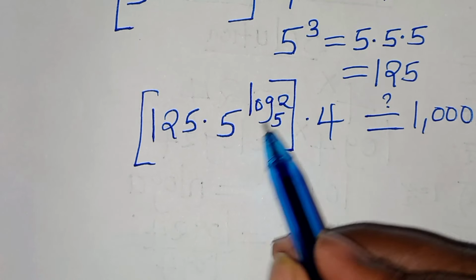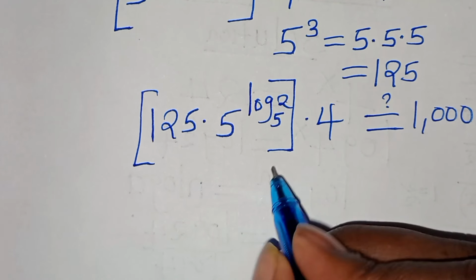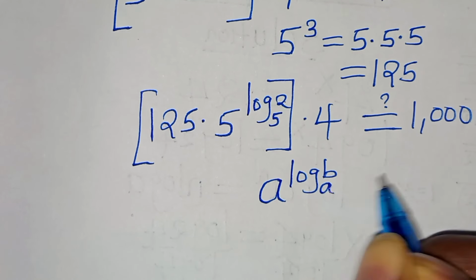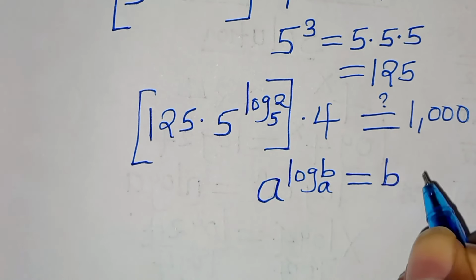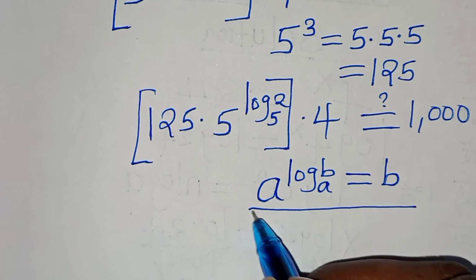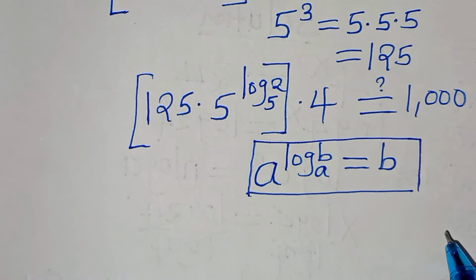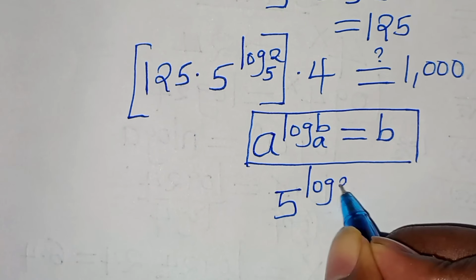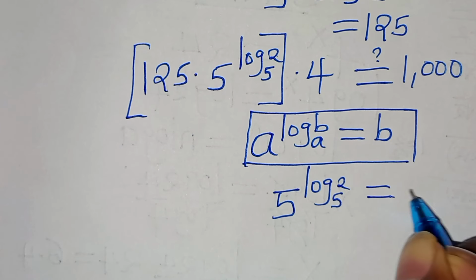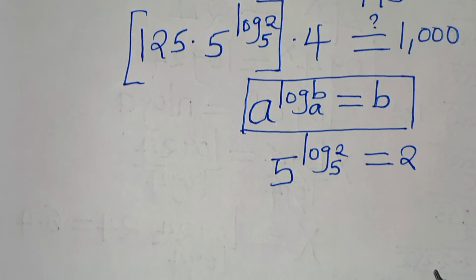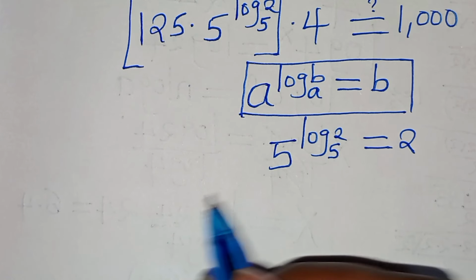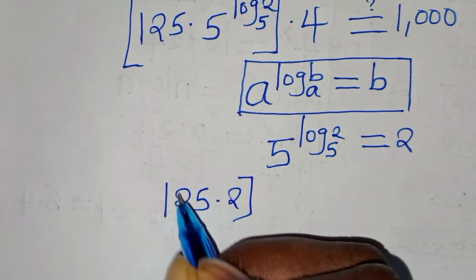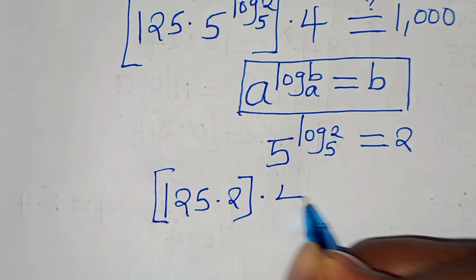So we have that 5 to the power of log 2 to base 5 is in the form of a to the power of log b to base a, and this should give us a value of b. Now, let's apply this logarithm property, so that 5 to the power of log 2 to base 5 gives us a value of 2. So let's substitute, so that we have 125 multiplying by 2, close the parentheses, multiplying by 4.